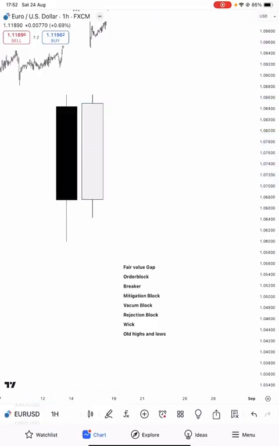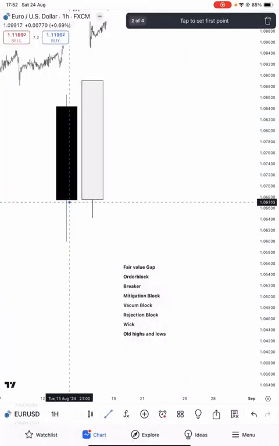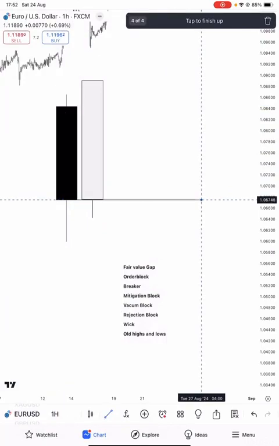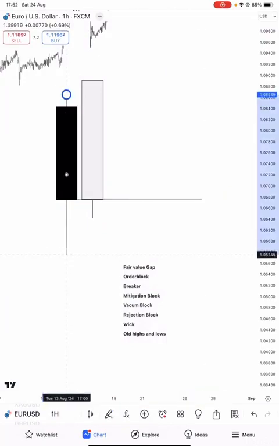Intricacies of, okay, this is a bullish rejection block. Now, as I said, rejection block, you know what they are.